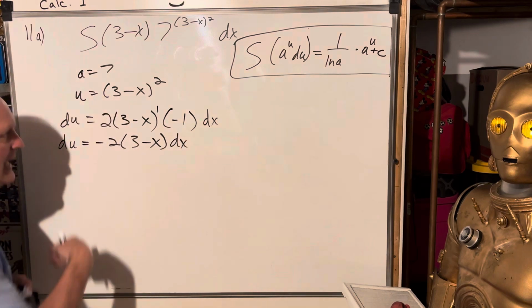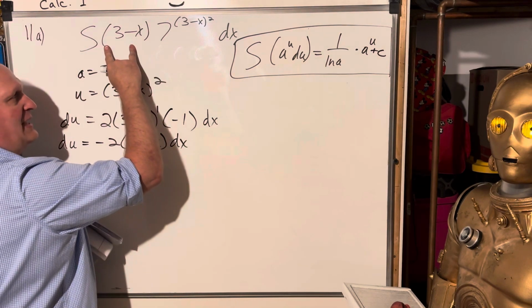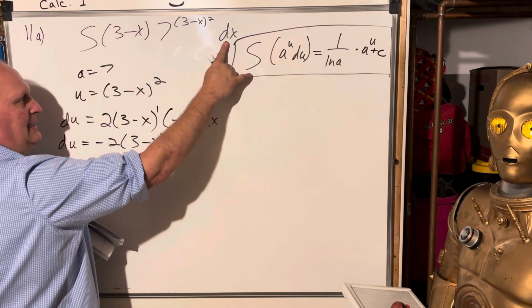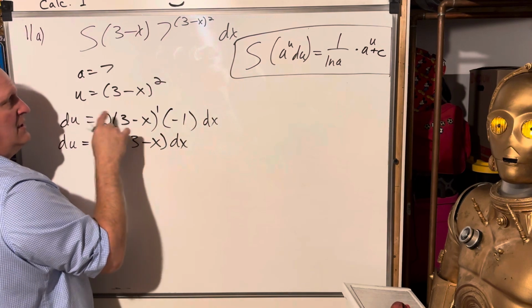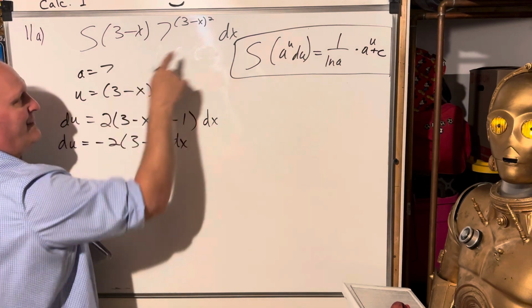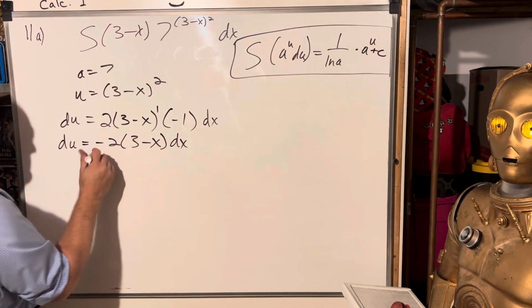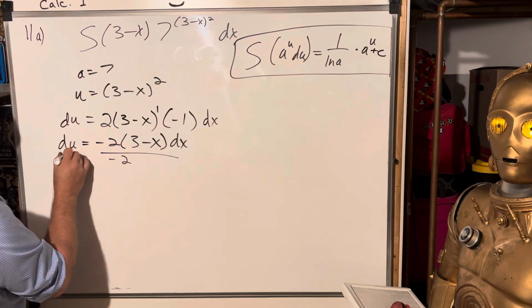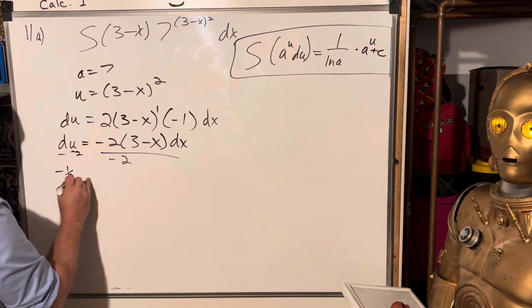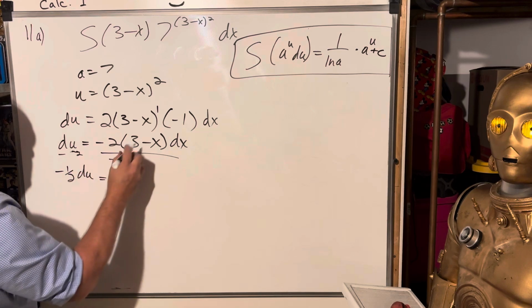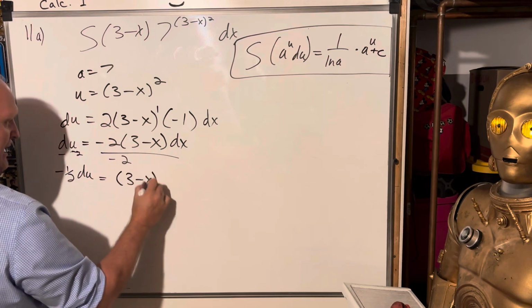Now, when I look back up here, they gave me a 3 minus x dx. I got that. And I got this whole thing as my u. But I am missing the negative 2. So I gotta solve it. So I got negative 1/2 du is equal to 3 minus x dx.